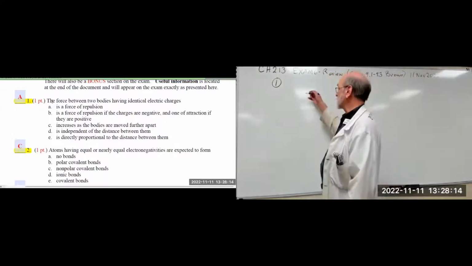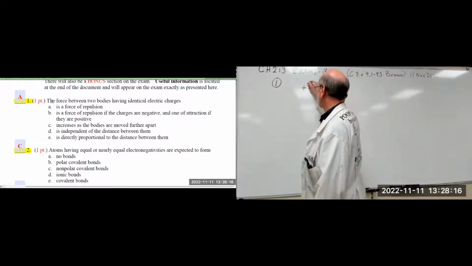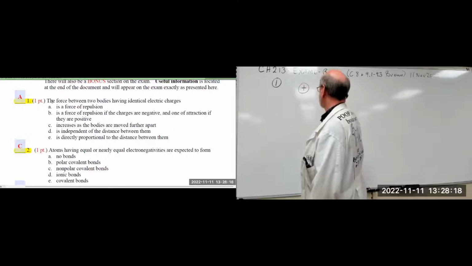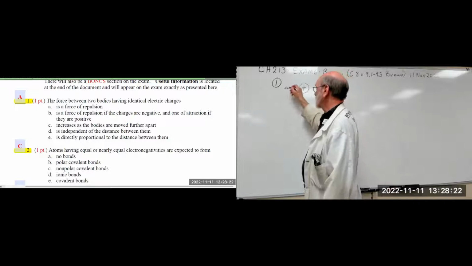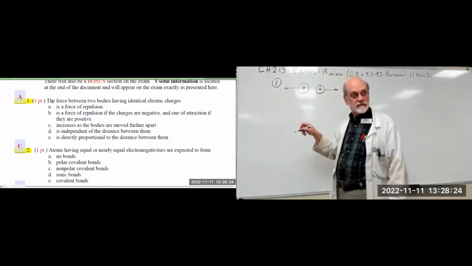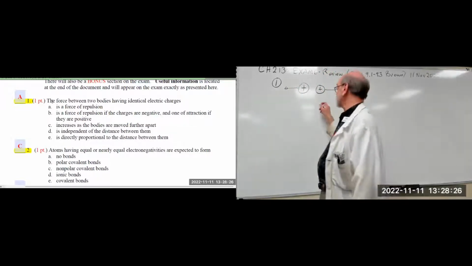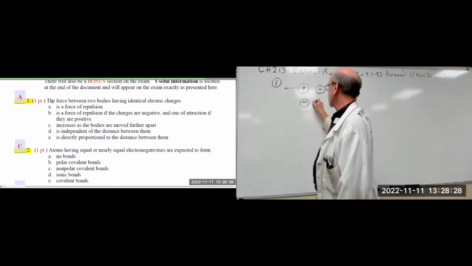So if you have two positives, for instance, then those are going to be repulsive forces, right? There's no bond going to form there. Or two negatives, same thing.